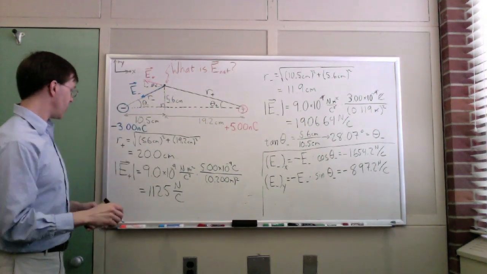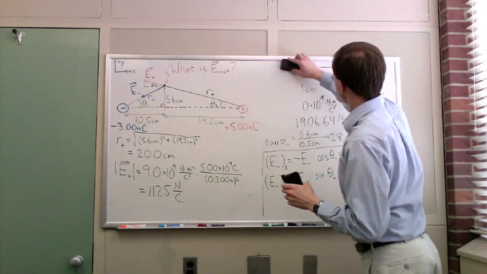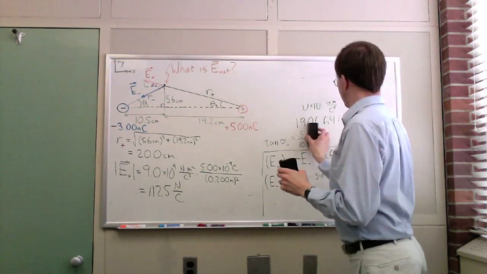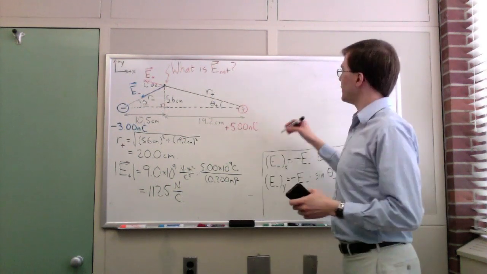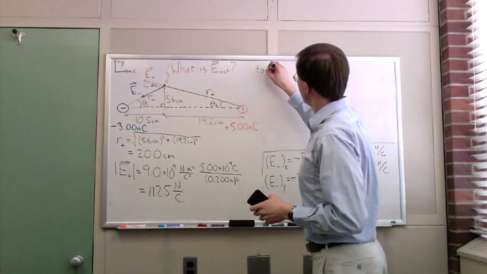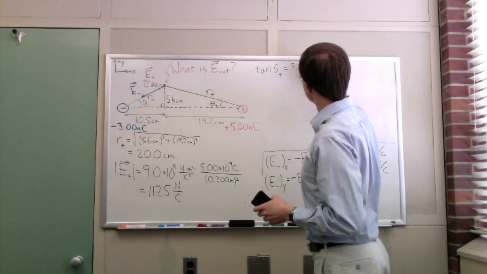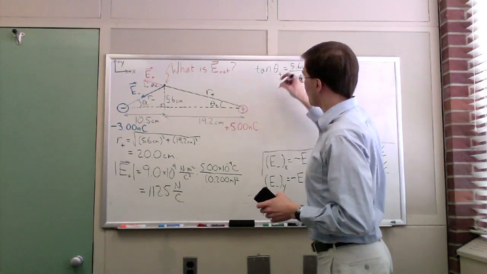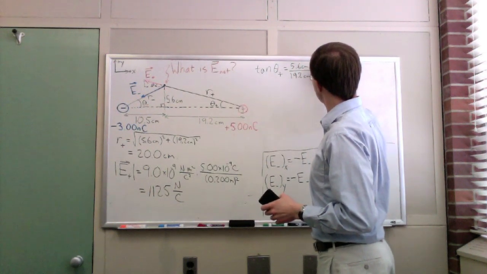Because this E plus arrow has to go exactly along that same hypotenuse, I can figure this out. I know that the tangent of theta plus is going to be 5.6 centimeters over 19.2 centimeters.